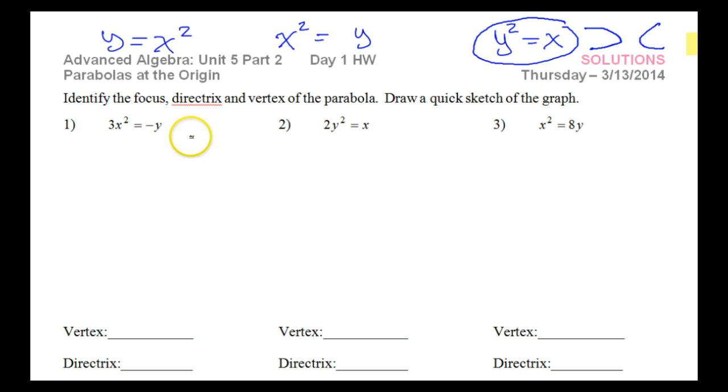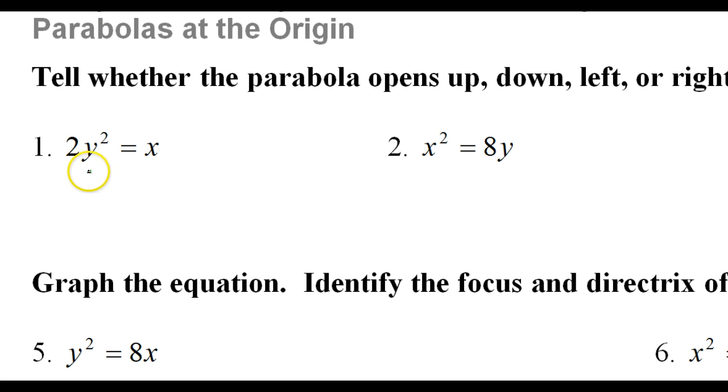So, when you look at problem number 1 here, is this going to be a normal up or down parabola, or a strange sideways facing parabola? Yeah, this is a strange sideways facing parabola. Again, the parabolas that we're used to are like this, y equals x squared. So even if I write it in this new way, x squared equals y, I know it's normal for us to have the x squared.